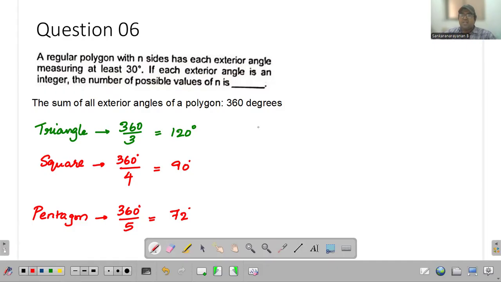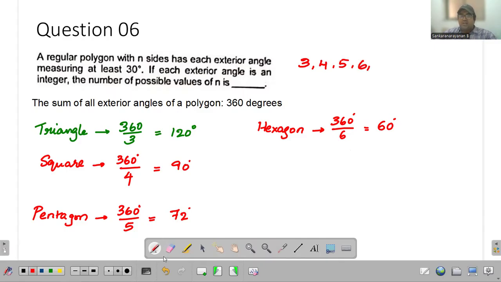Likewise, for a regular hexagon, the measure of an exterior angle will be 360 degrees divided by 6, and that is equal to 60 degrees. So the possible values for n could be 3, 4, 5, 6.